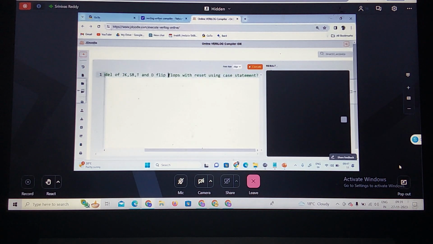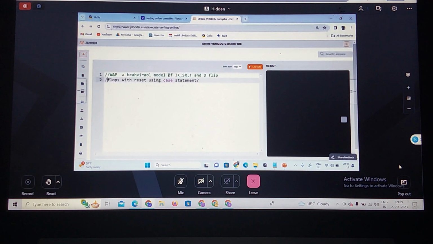How to write a program for this? So what are the inputs to this module? Module JK flip-flop of, the inputs are clock, reset, J and K, and outputs Q and Q bar.